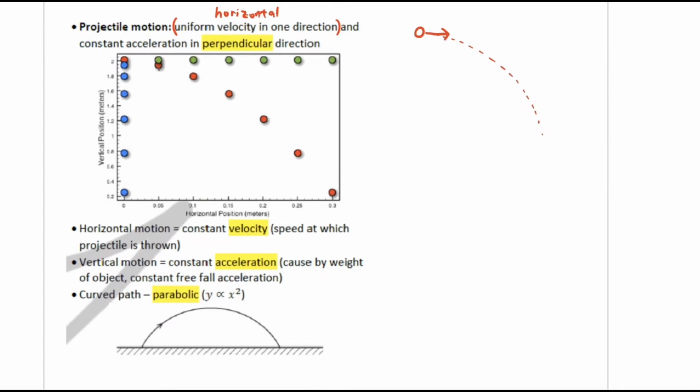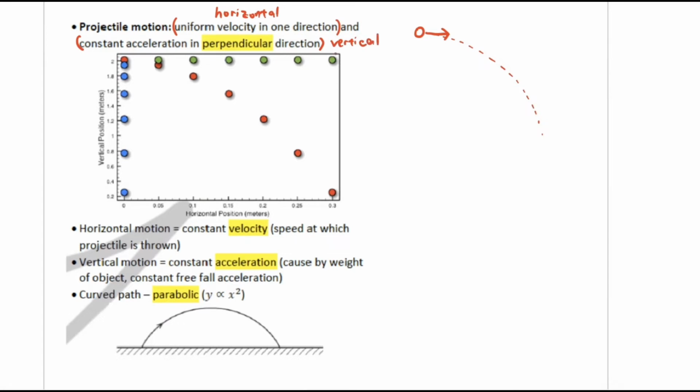But we bring it down to the green one to see what happened. We bring it up, up, up, and up. Then you will see they have the same distance from each other, meaning that it has a uniform velocity. And constant acceleration in the perpendicular direction, that is the vertical.